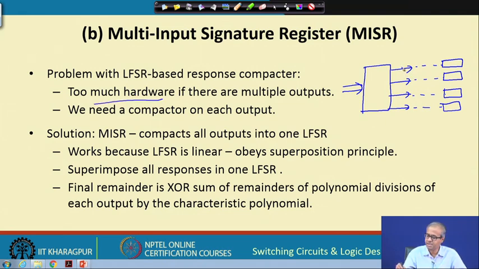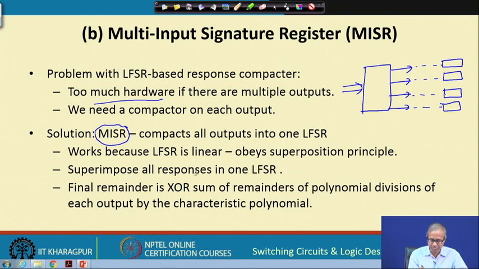If there are 100 outputs, you will be needing 100 LFSRs. The solution is to use multiple input signature register, called MISR in short, where you are using a single LFSR. I will show you how.